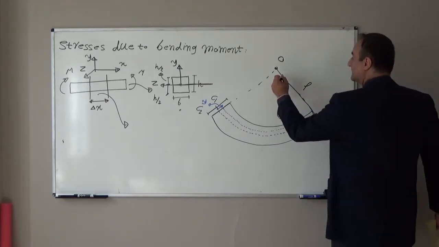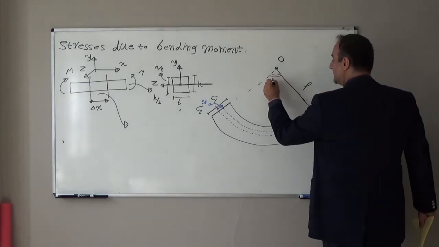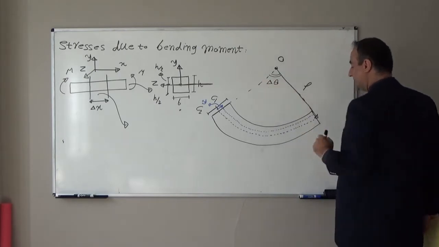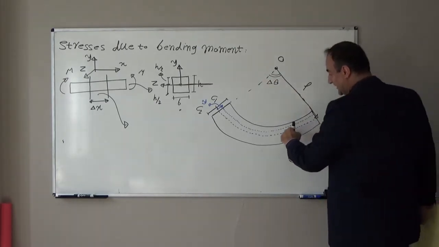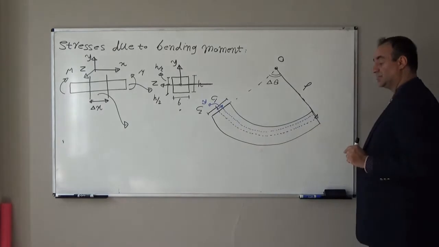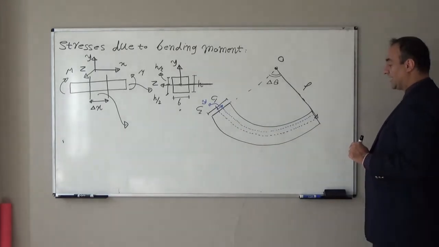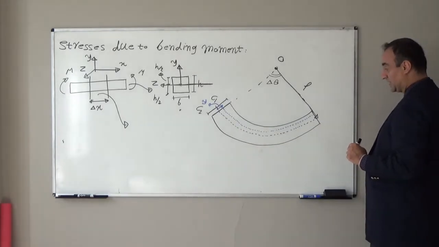This angle we assume is delta theta, and this black dashed line is the neutral axis location.